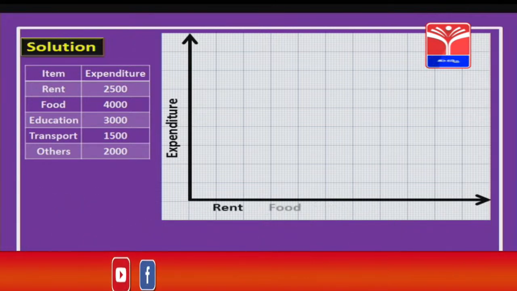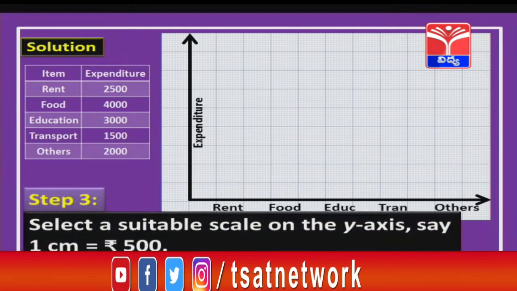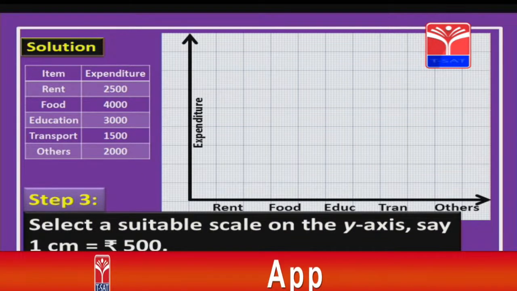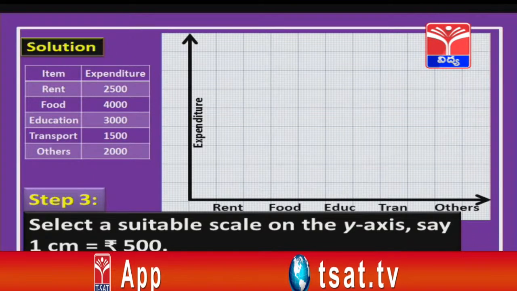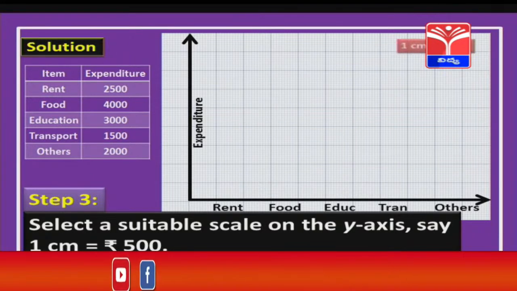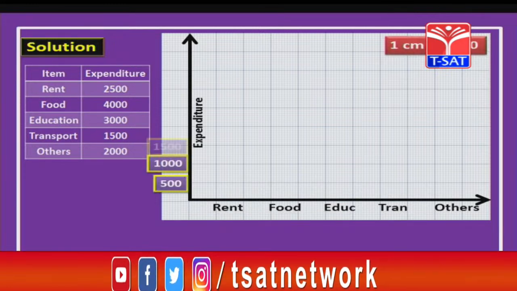Yes, write down all the items, that is rent, food, education, transport and others. Then in the next step, we are going to select a suitable scale on the y axis. Here we are taking 1 centimeter equal to 500 rupees. So write the same on the graph sheet and mark the same on the graph.